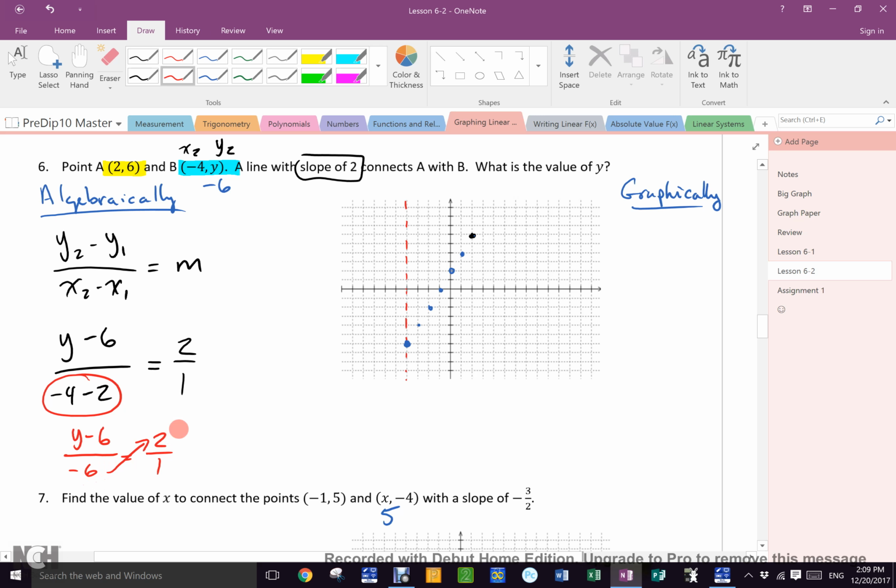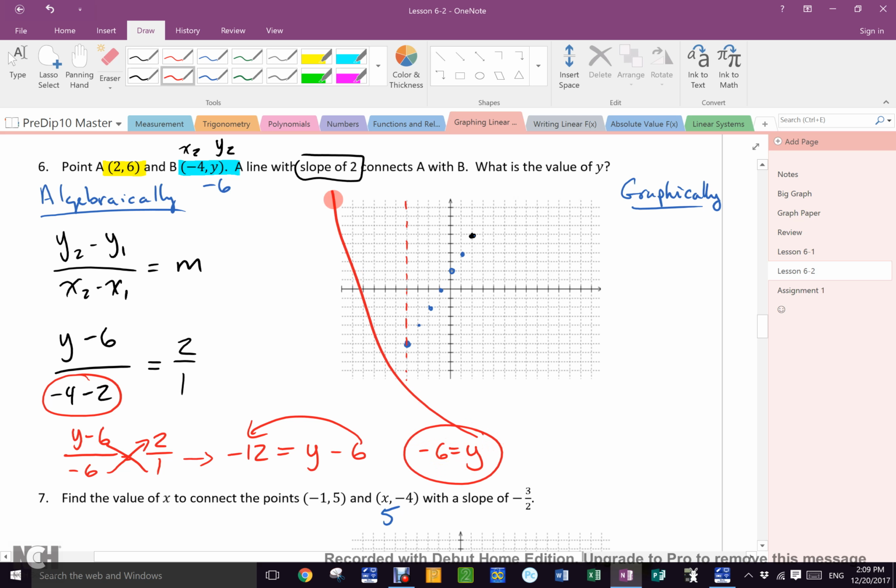What is negative 6 times 2? Negative 12 equals, what is 1 times y? Y. What is 1 times negative 6? Negative 6. Solve that. What do you do with that? Add it. What's negative 12 plus 6? Negative 6. Negative 6 equals y. Oh my goodness. Negative 6 equaled y.